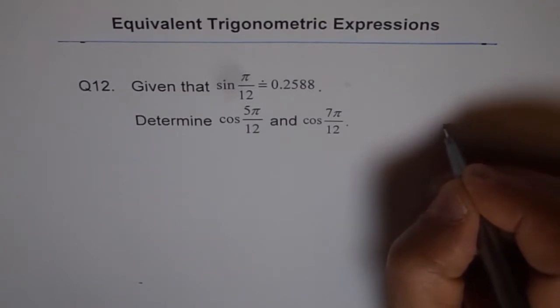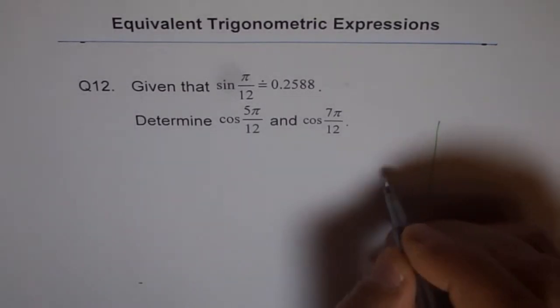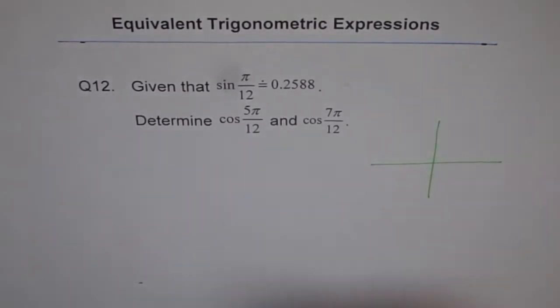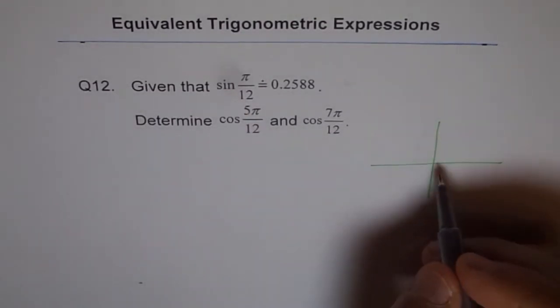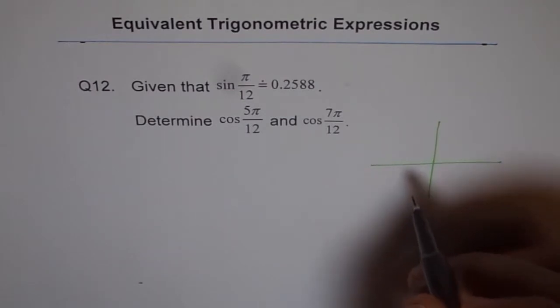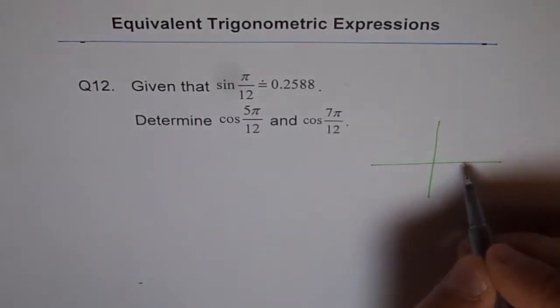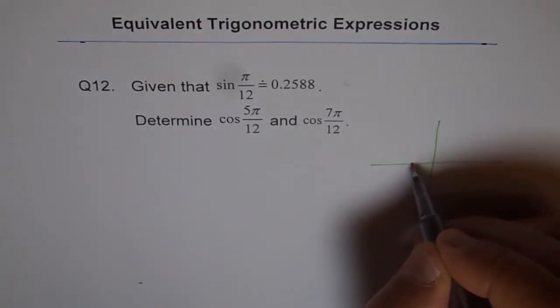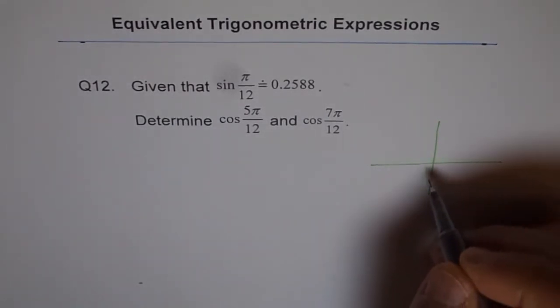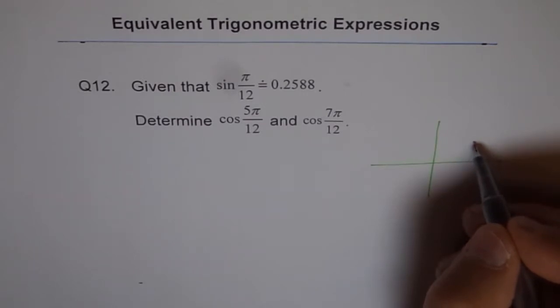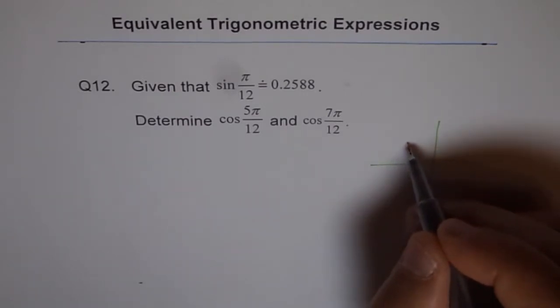It's kind of graphical because I'm trying to draw these angles here. So that's my coordinate plane, and I will represent pi by 12 here. When we say pi by 12, that means we have to divide this pi into 12 equal parts. So we get 6 in quadrant 1 and 6 in quadrant 2.